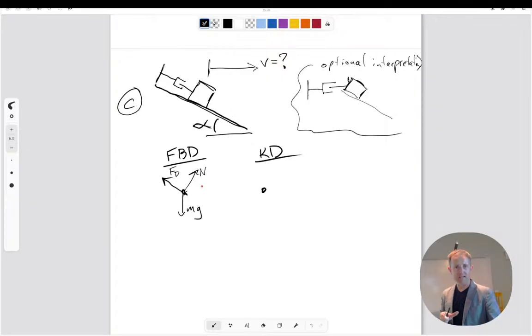What about the kinetic diagram? This one I saw a few different things. Is it this, MA up the ramp? Possibly.